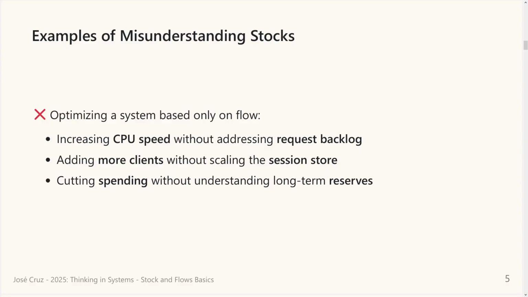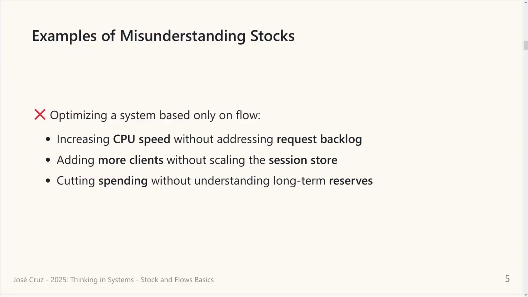So, increasing CPU speed without addressing the request backlog. That's usually a problem. Sometimes you say, okay, we are receiving a lot of requests, so we just increase the CPU speed. And probably it will not be the solution, because it's like we are increasing our capacity so we can handle more trades or something like that. But probably it's not the best solution.